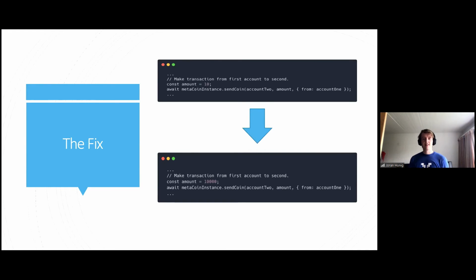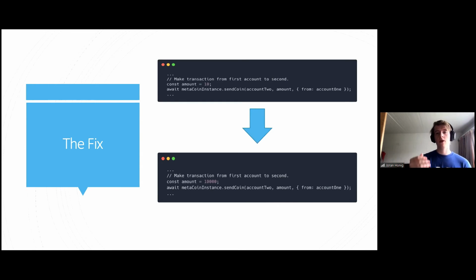This is the fix, and I'll start out by saying how the MetaCoin contract in the Truffle box is deployed by default. In its constructor, it will assign a balance of 10,000 to the creator. And in this test, the creator sends a transaction to some other account.